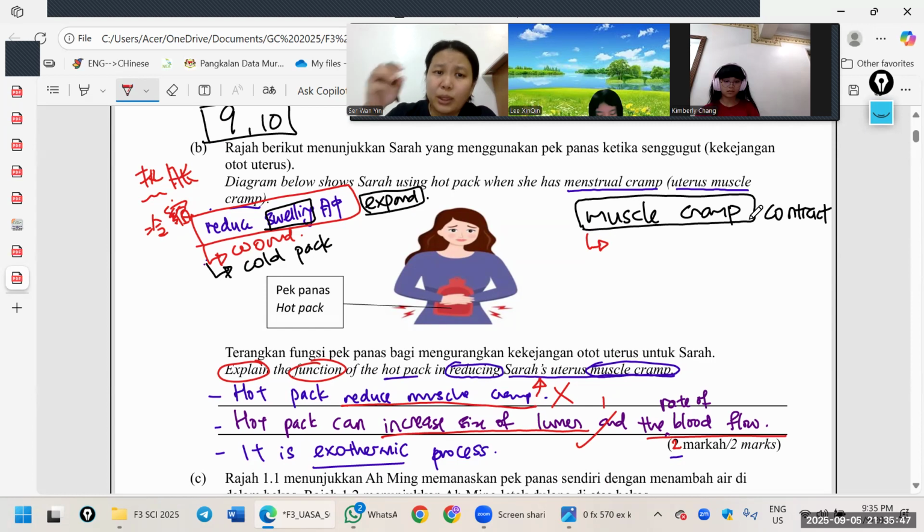The muscle contracted, we want the muscle to expand back. Hot pack or cold pack can expand it back? The muscle contracted, so how do we make it expand back? Yeah, we use a hot pack.